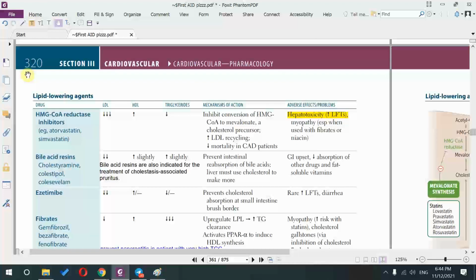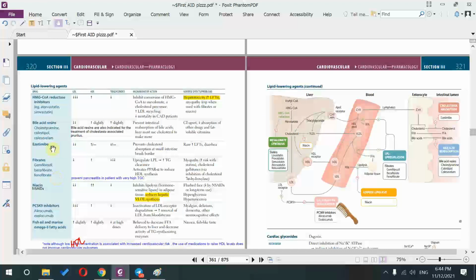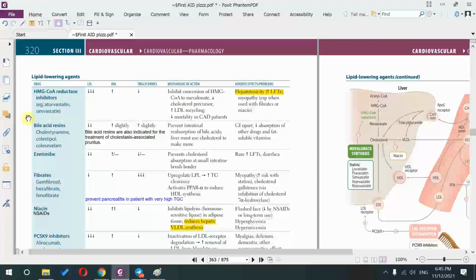It's a bad idea. So, lipid lowering agents, we have so many of them. Sadly, for Step 1, you must memorize all of them. You must know all of them. For Step 2, you will discover that you only need to know 2 of them, and that's it. But for Step 1, you must know every single one of them, what it reduces mainly, and all of that stuff.